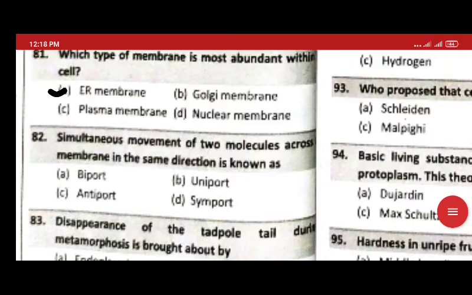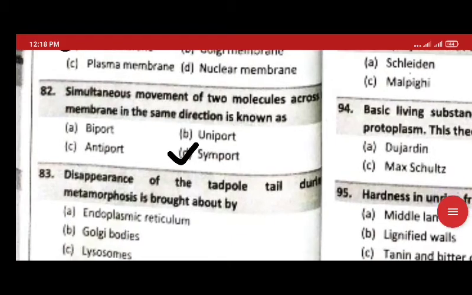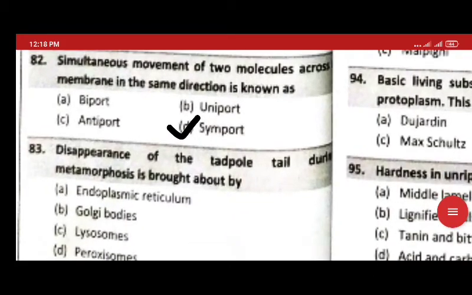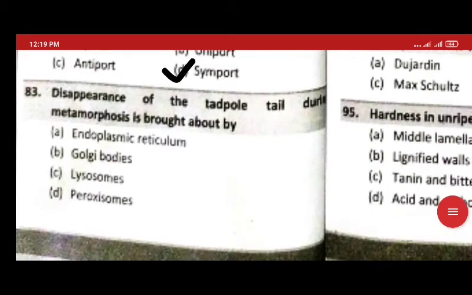If same direction, then that is called what? Symport. If only one direction, that is uniport. Now disappearance of the tadpole tail during metamorphosis brought about by. So here in the tail metamorphosis of the frog, so lysosomes, because lysosomes make what? Tail dissolve.